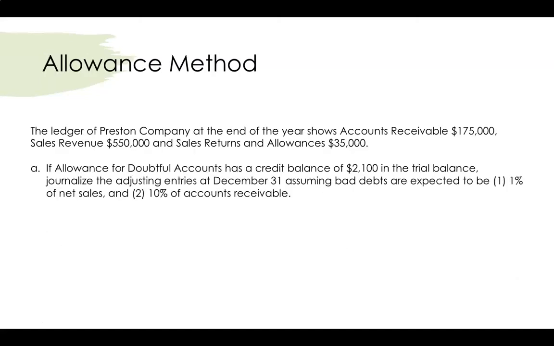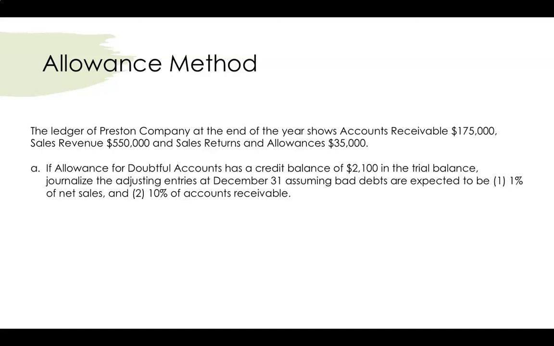Now, the allowance method. In Chapter 9, you learned about how companies will estimate uncollectible amounts, right? So here, one of the methods of doing that is this allowance method. It tells us that the ledger of Preston Company at the end of the year shows accounts receivable of $175,000, sales revenue of $550,000, and sales returns and allowances of $35,000.